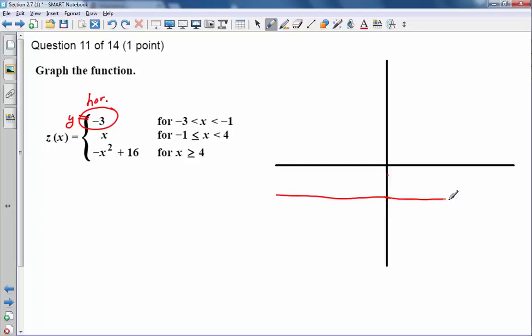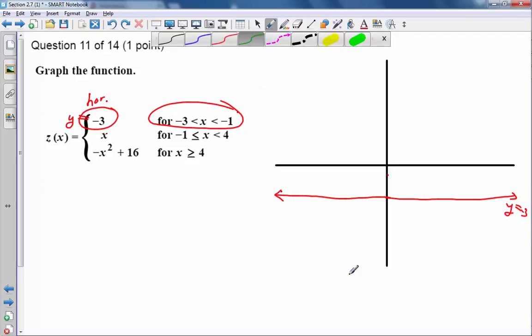Alright, quickly grab an eraser because you're going to do trimming. They do not want the entire line. They want a specific part of it. What part? The part where x values stay between -3 and -1. Where is -3?